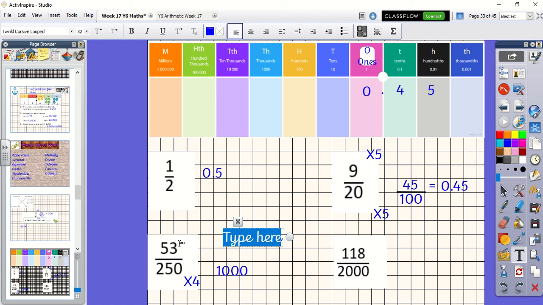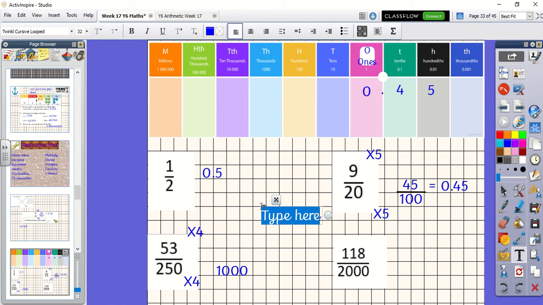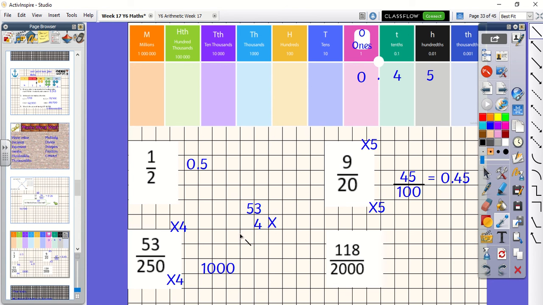So it would be 53 times 4. Now, if you want to use short multiplication here, you can. That's not a problem. So 53 times it by 4. Put our times symbol in so we know what we're doing. And our equal lines.